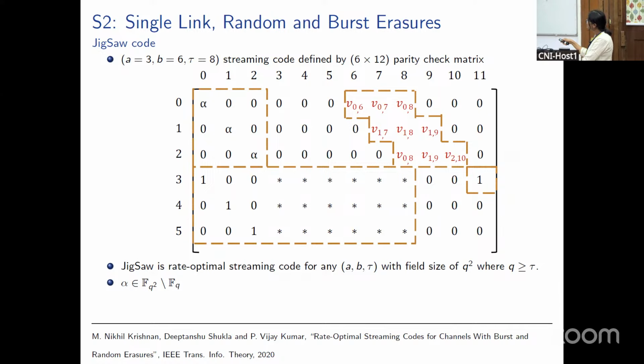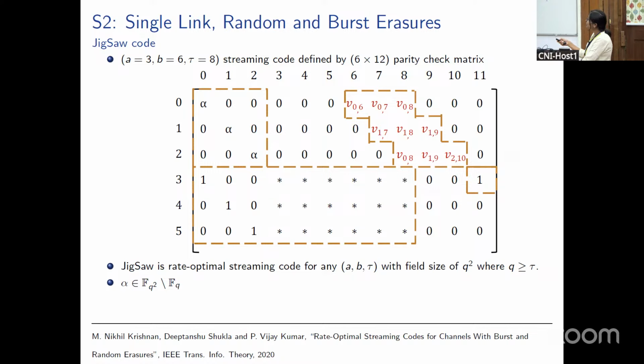And the parity check can be thought of as multiple pieces of this jigsaw puzzle, where you have the bottom A cross N matrix that you are constructing in such a way that you are picking the generator matrix of an MDS code so that it gives you some random erasure correction properties, and the top part is picked in such a way that you get the burst erasure correction properties.